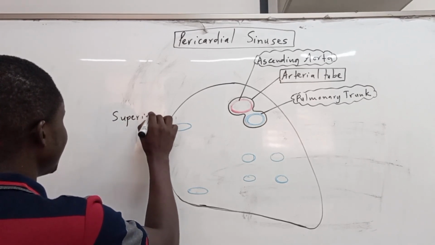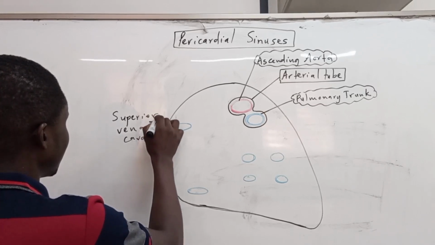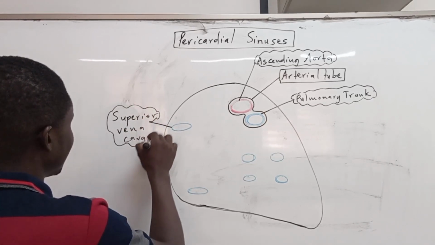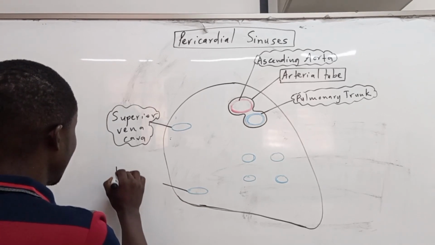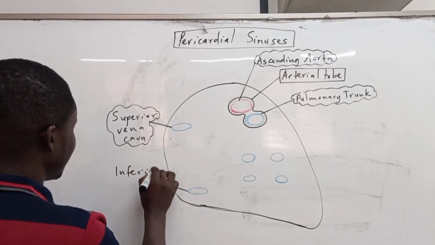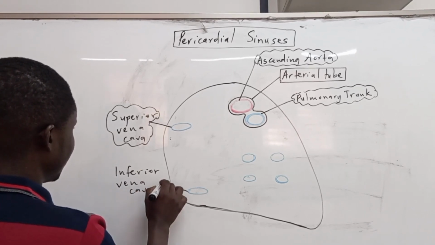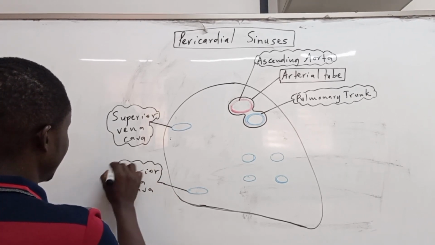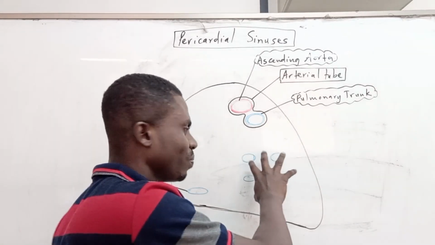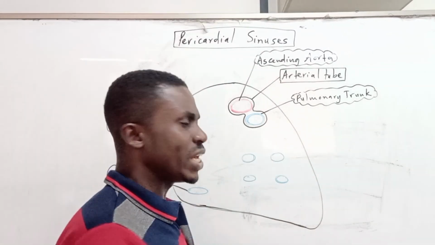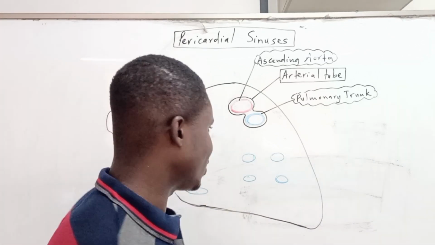Likewise, I'll have the inferior vena cava. Then these become the four pulmonary veins draining into the left atrium of the heart.